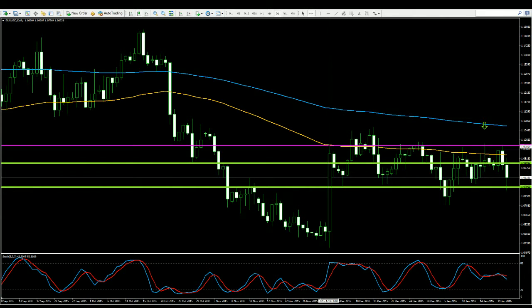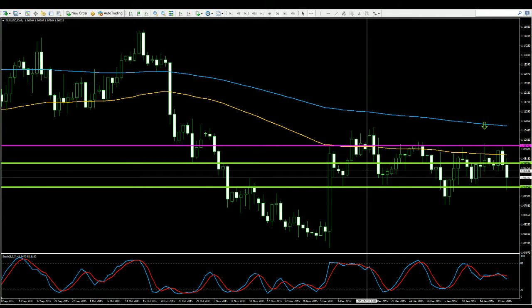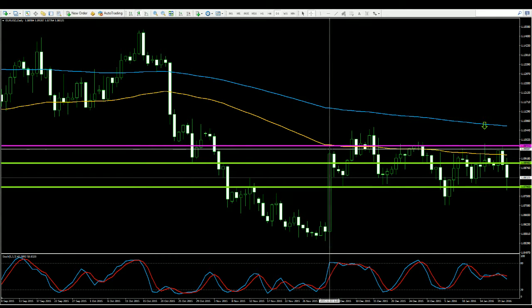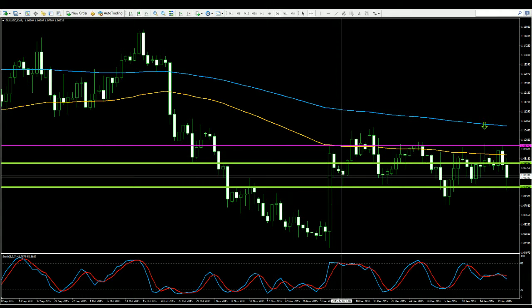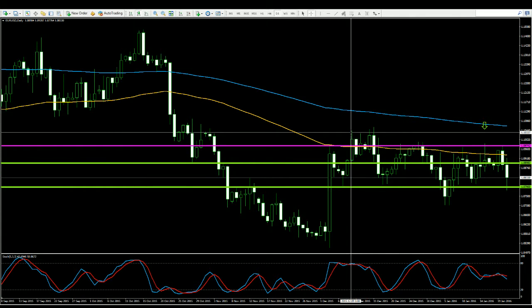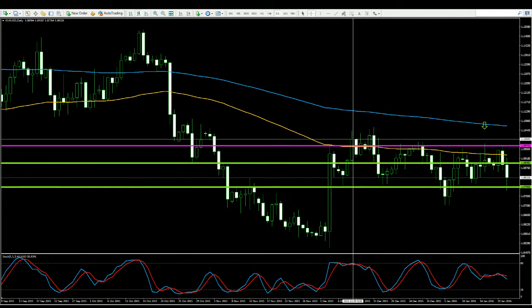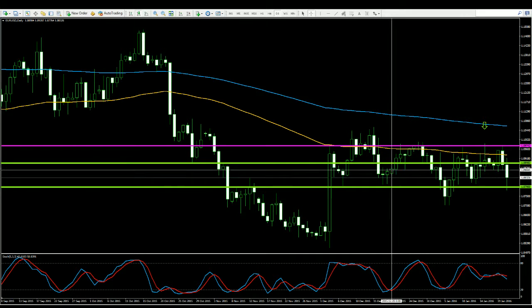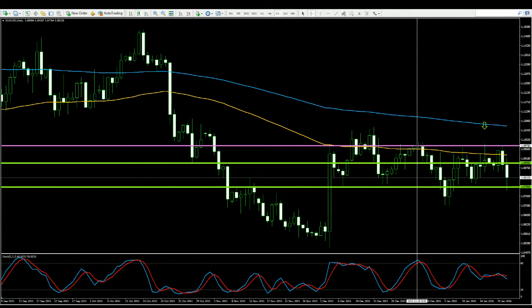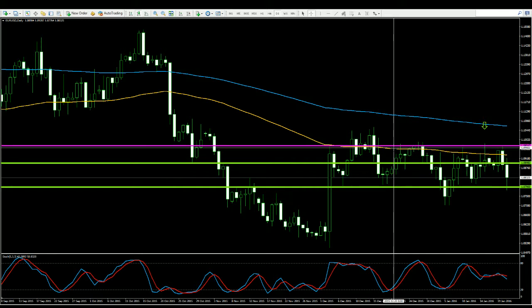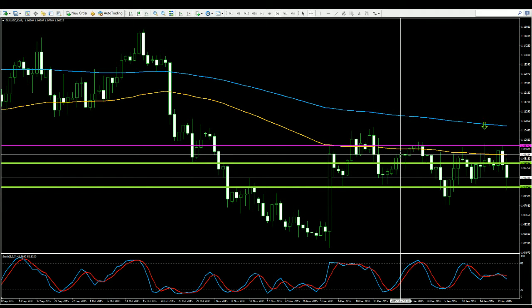And as you can see here, the first touch was just the candle wick, so you could have traded that, and then the second touch it actually went above and dropped down, and then the third one it closed at it. So when it's doing that, it creates an area.